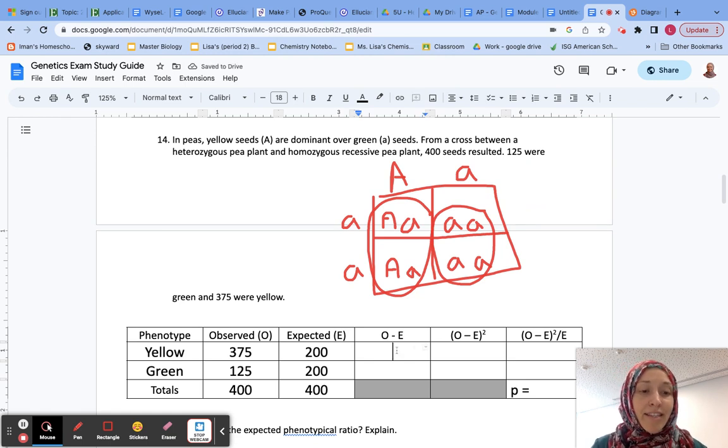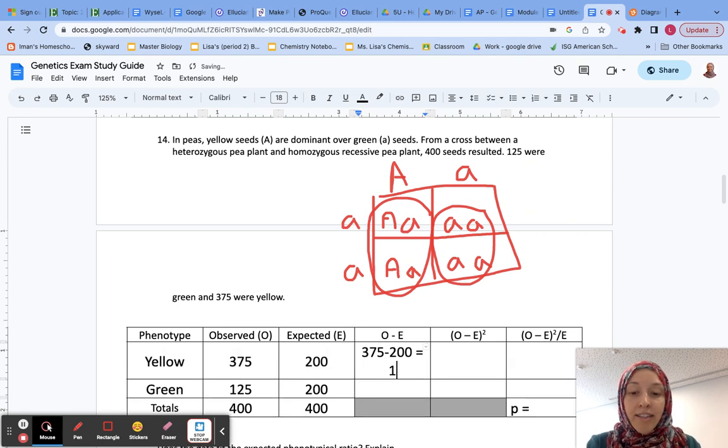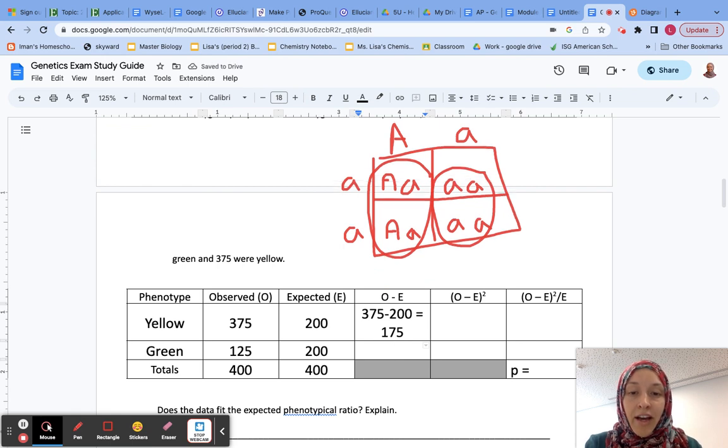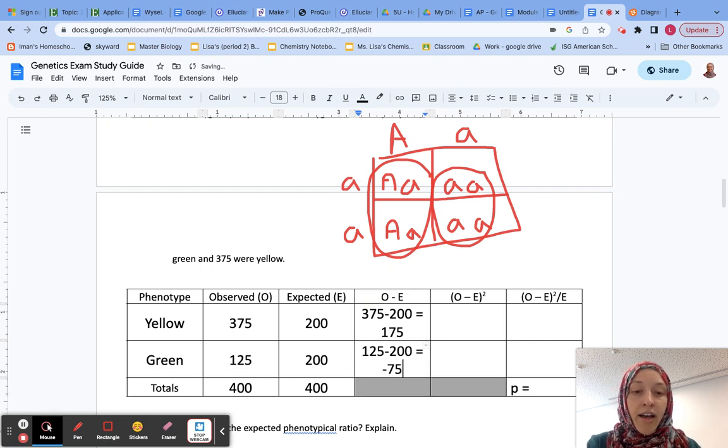All right, well, let's do these calculations. Observed 375 minus what I expected, 200, equals 175. And here I have observed 125 minus what I expected equals negative 75. If I square each of these, 175 times 175 is 30,625.